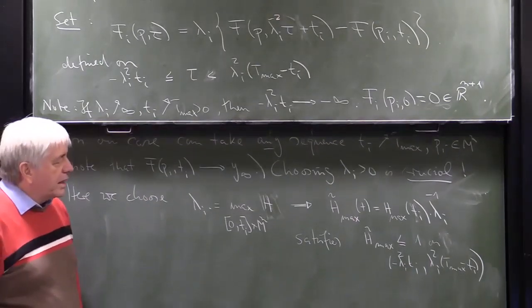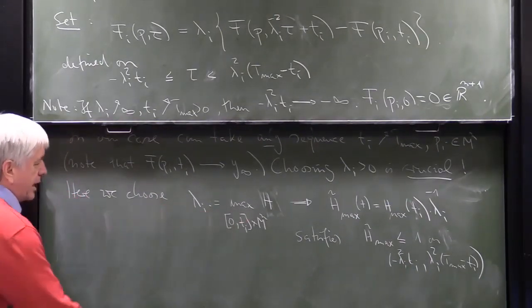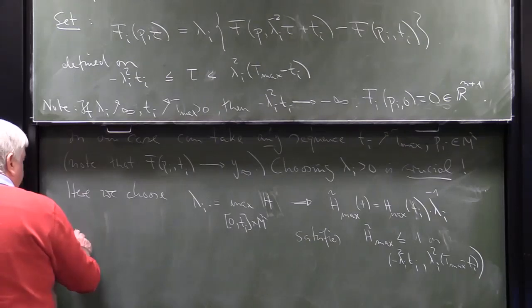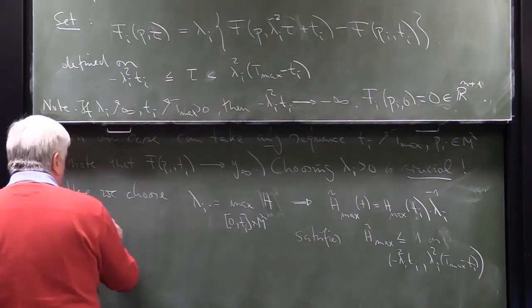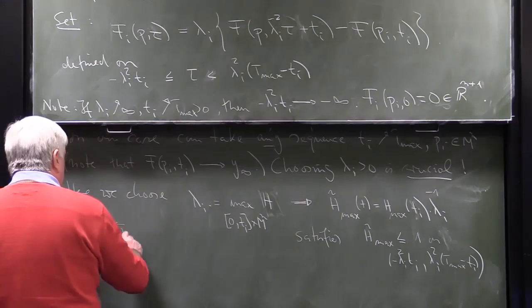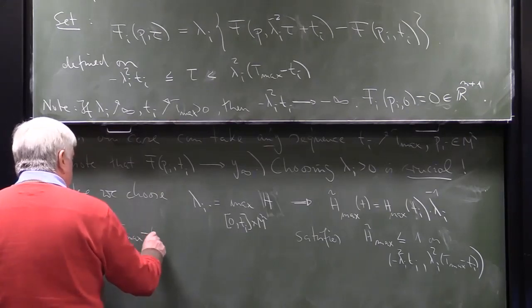Also, we now know that for the right-hand side of this time interval we get lambda_i squared times (t_max minus t_i).